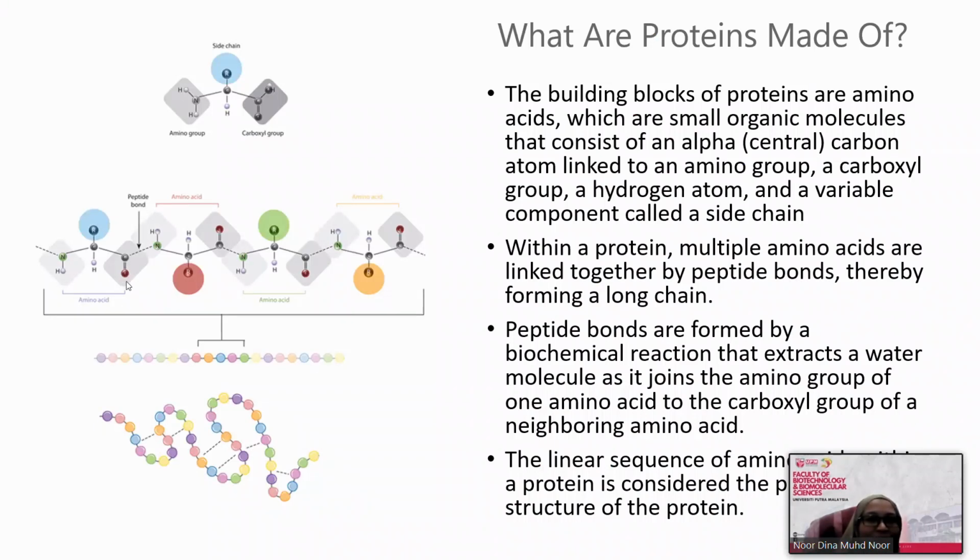Previously, this was also in your exam: how does an amino acid attach to the next one? It has to be the carboxyl group attached to the amino group of the next amino acid. So here we have the CO. Initially, if it's just one amino acid, we have COOH, CO and OH here.